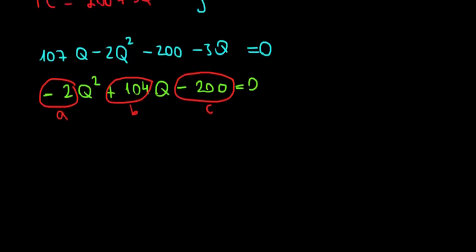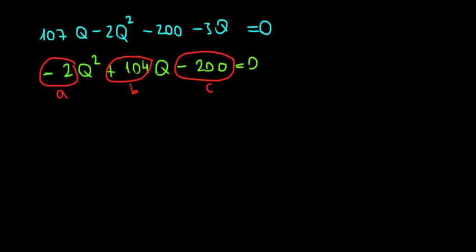Let's do the delta. Delta equals 104 to the power of 2 minus 4 times minus 2, which is a, times c, which is minus 200.